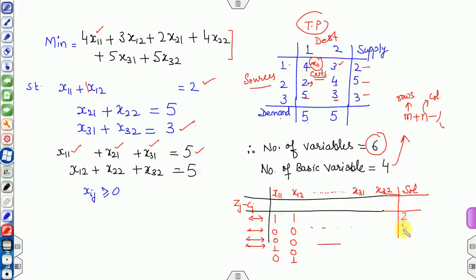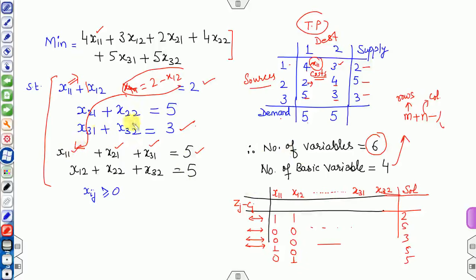In either case you have to find this first. Also, since all are equality signs, from here you can find the value of x11 as 2 minus x12, and you can substitute here and so on. That's why this is a very lengthy method.